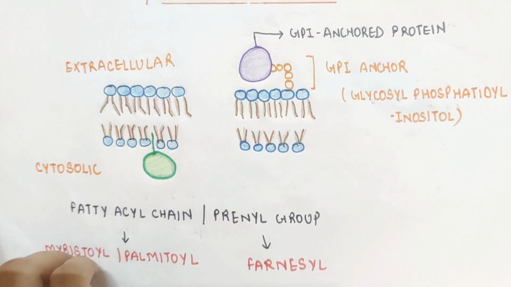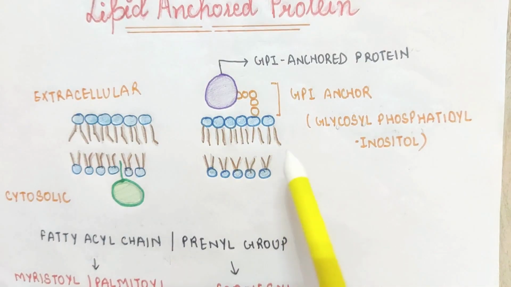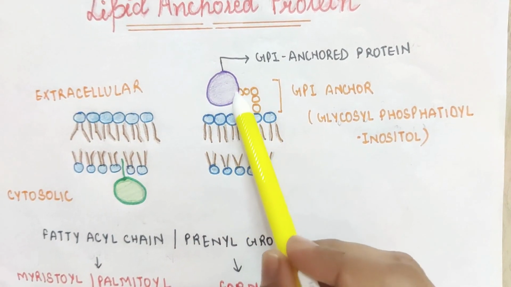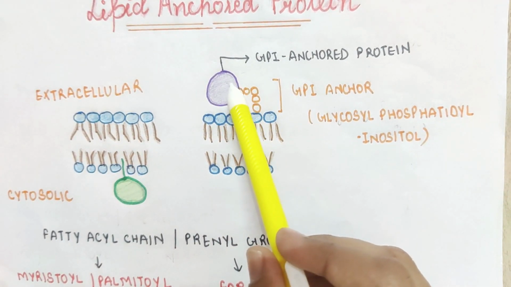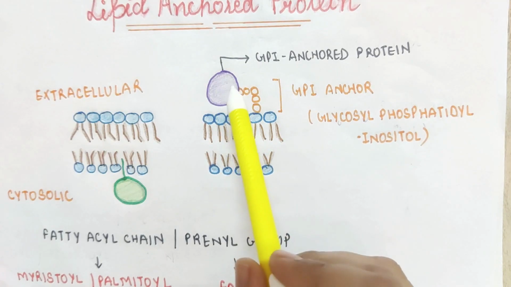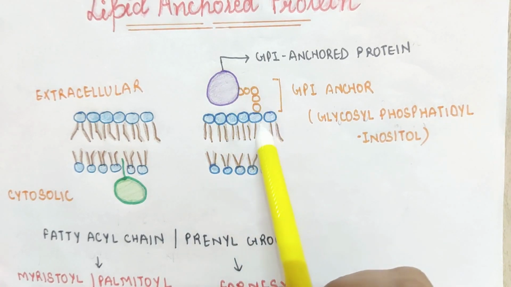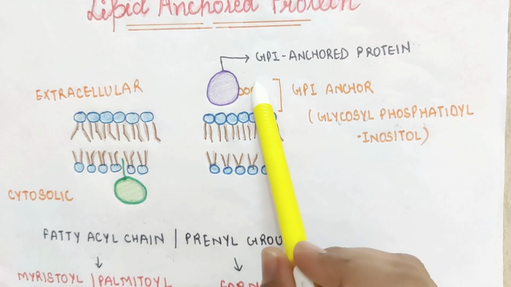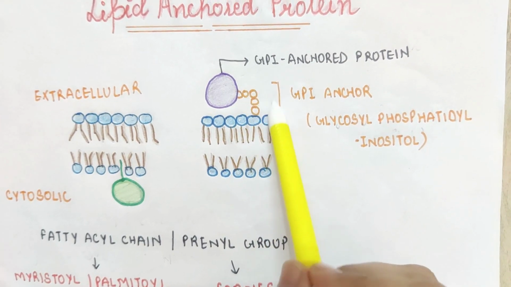Now if you look at this other example here, this is another lipid anchored protein which is found on the extracellular side, but this protein is linked to phosphatidyl inositol, which is a phospholipid, by an oligosaccharide chain, right?